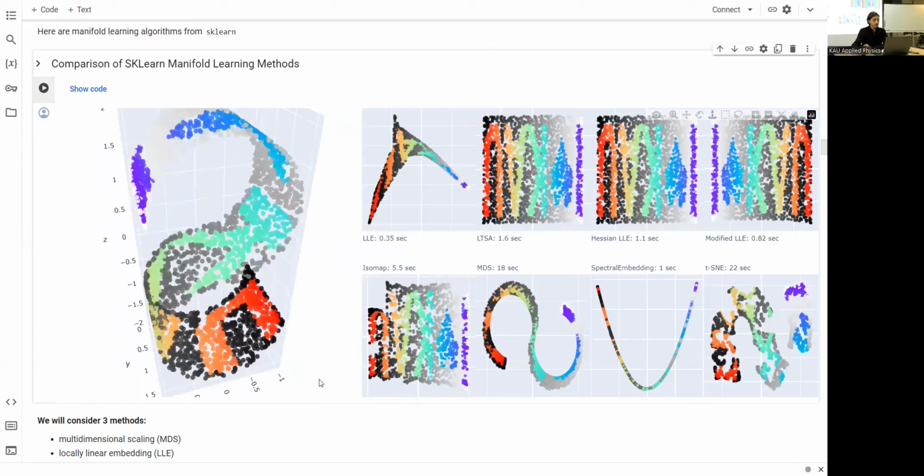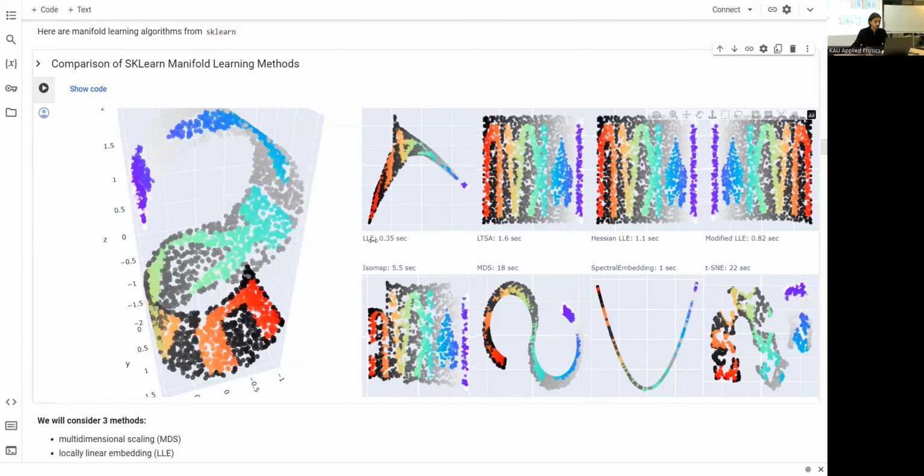And now I'm passing this data to different methods that I have in sklearn. We will consider some of them in just a few moments, and I will show you the math behind all those methods. But here I want you just to appreciate how they work.